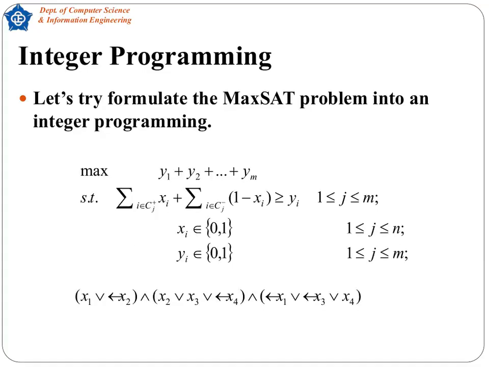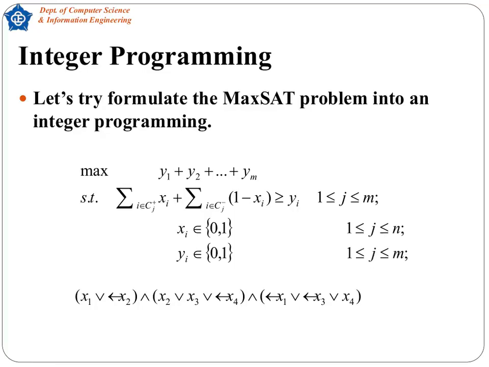Now we convert our MaxSAT setup into a 0-1 integer program. We introduce a binary variable xi for each Boolean variable and a binary variable yj for each clause. Our objective is simply to maximize the total number of satisfied clauses, i.e., maximize the sum of yj.